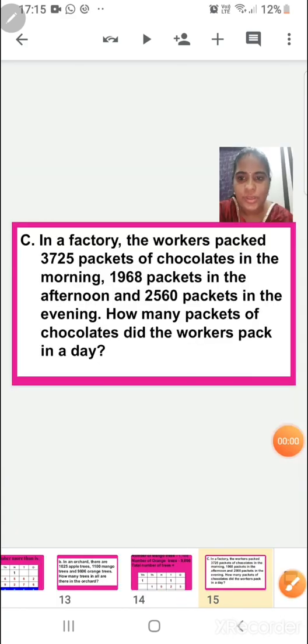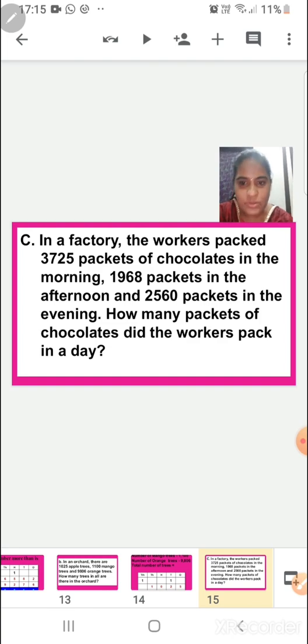Let us move on to question number C. In a factory, the workers packed 3,725 packets of chocolates in the morning, 1,968 packets in the afternoon, and 2,560 packets in the evening.